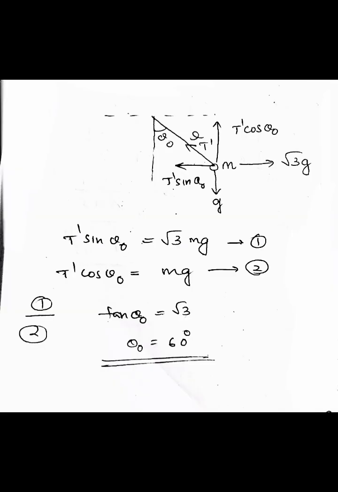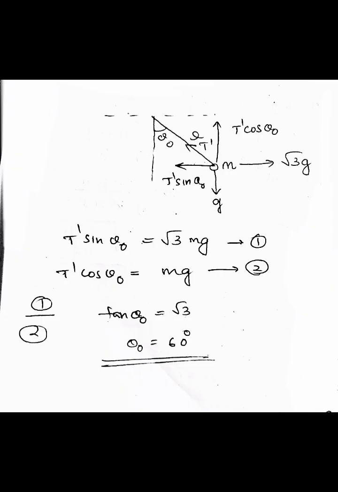So here there is a bob of mass m, and it is making an angle, let's say theta naught. We know that the bob has an acceleration due to gravity in the downward direction, that is g.